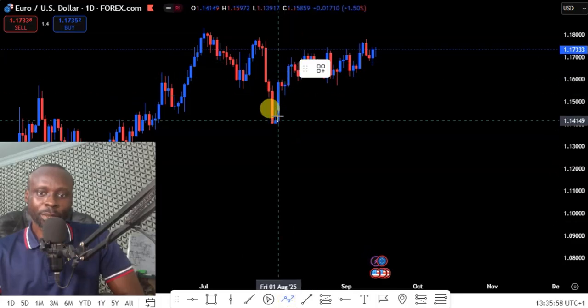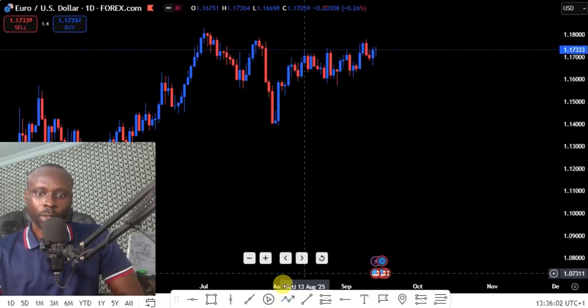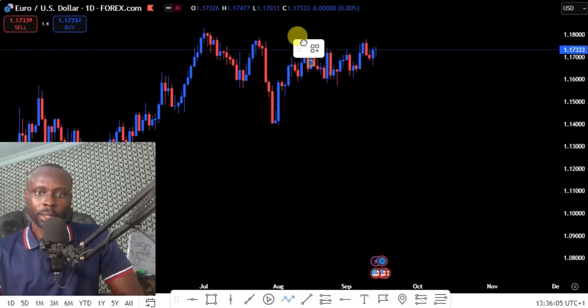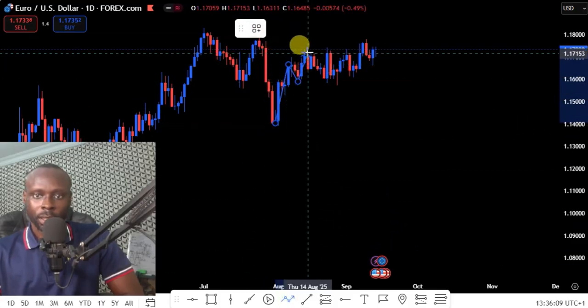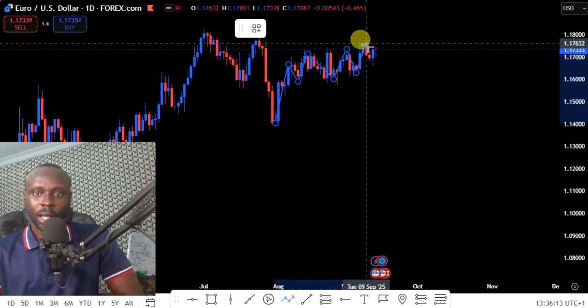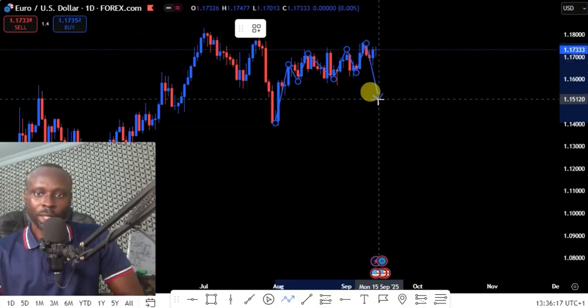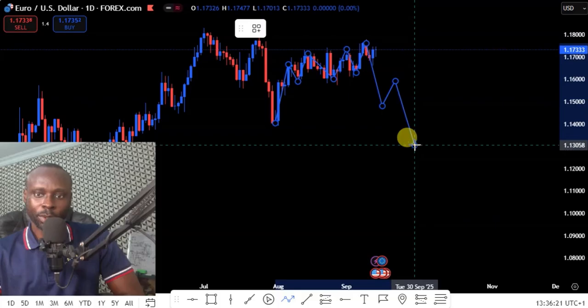Ever since then, price has been in consolidation on Euro USD. We have this series of higher lows, and for us to sell now, we need to expect price to break this level and retest. Then we start looking for selling opportunities.